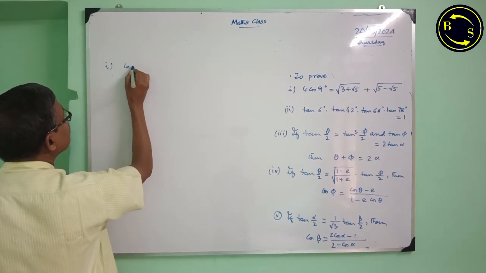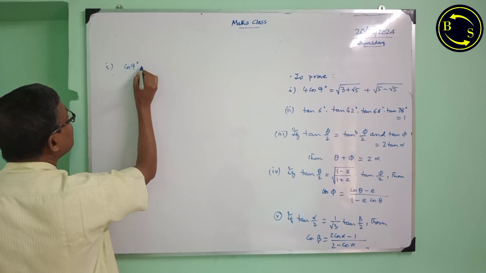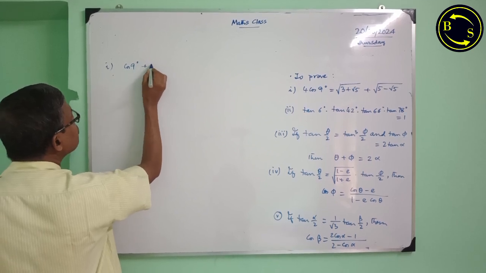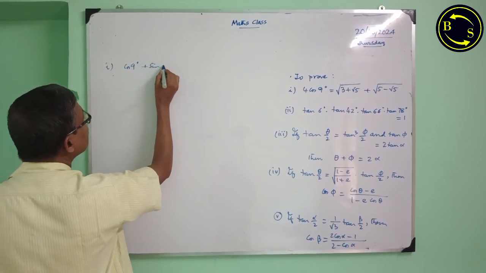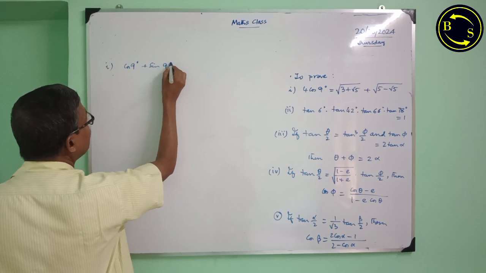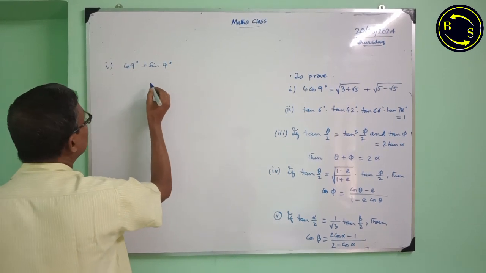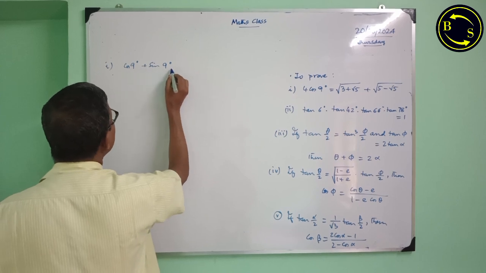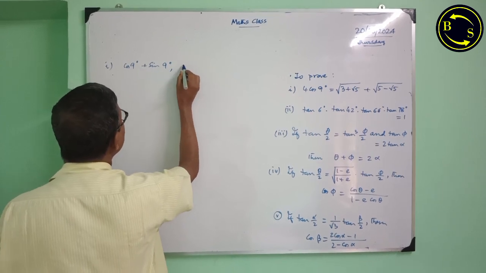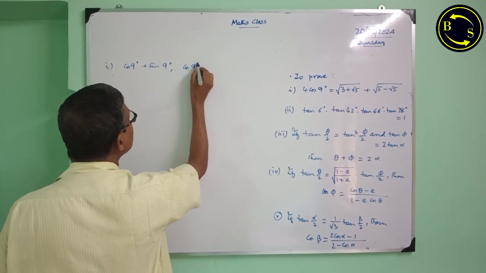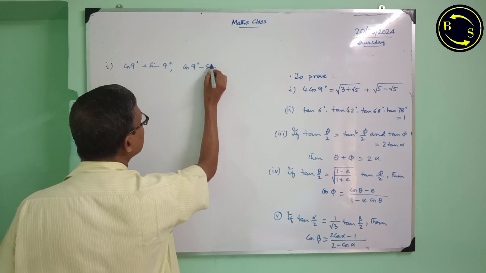we have to find first the values of cos 9 degree plus sin 9 degree and cos 9 degree minus sin 9 degree.